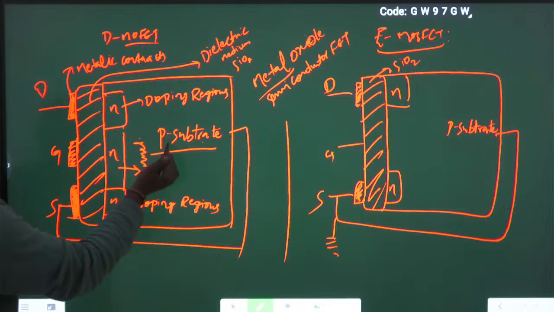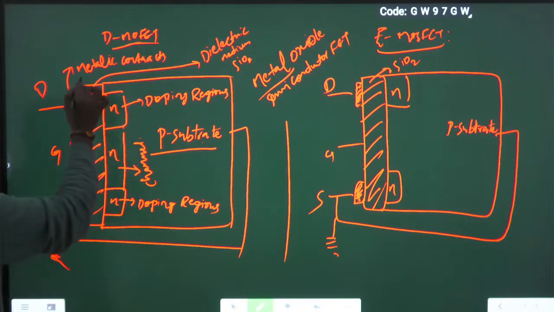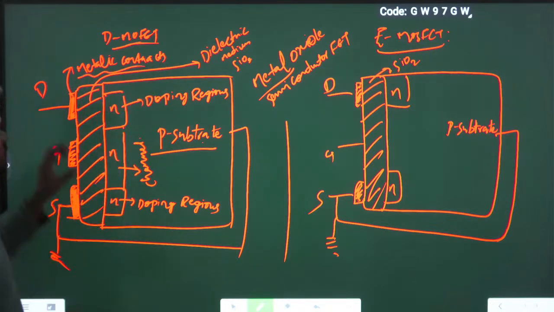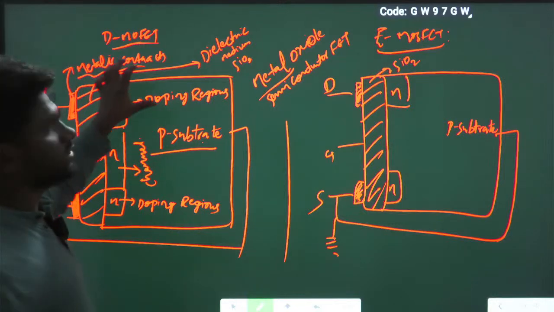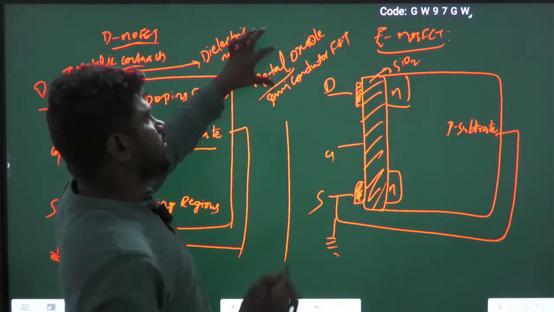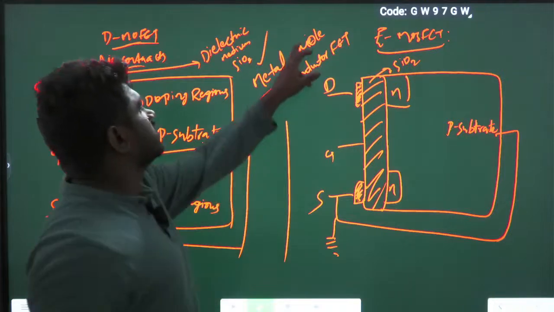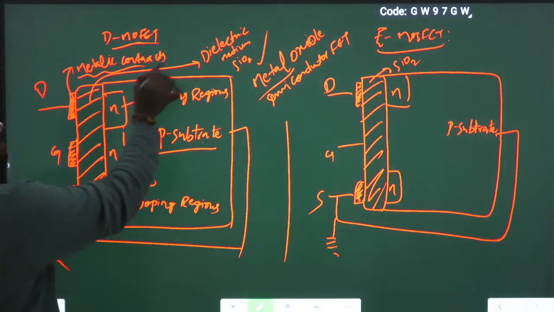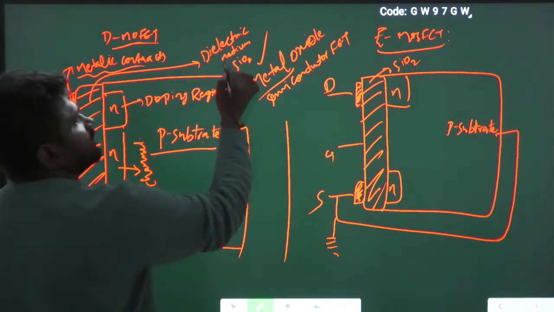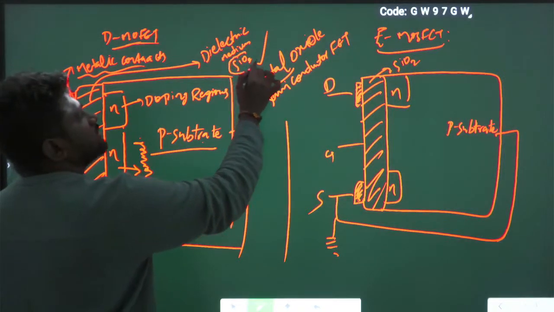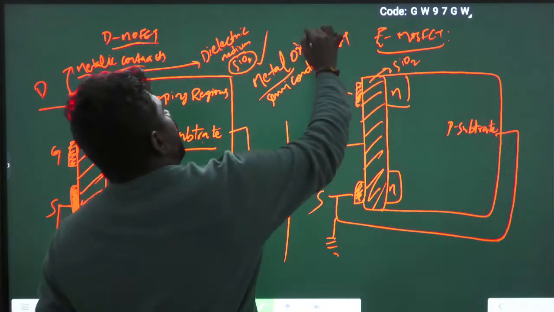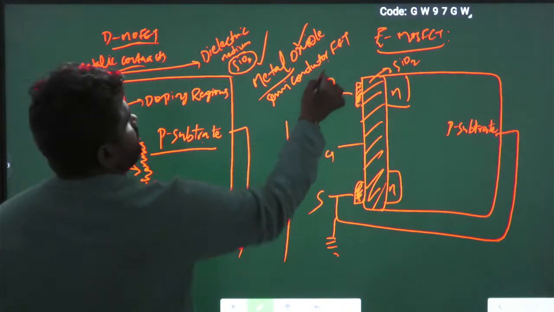In D-MOSFET I am using some metallic contacts, nothing but these metallic contacts are made with metals. So metal. Next, oxide. I am using a dielectric medium that is made with some oxide. So oxide. Then semiconductor.